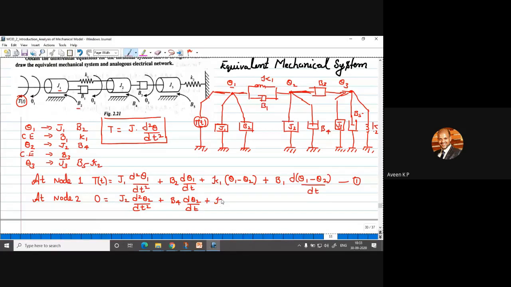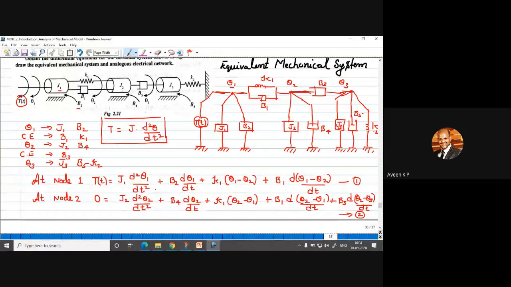K1, since it is node 2, is represented as theta 2 minus theta 1, plus B1, also a common element, times the derivative of theta 2 minus theta 1 with respect to t. And I have B3 as a common element, B3 times the derivative of theta 2 minus theta 3 with respect to t. Okay, this is the second equation at node 2.